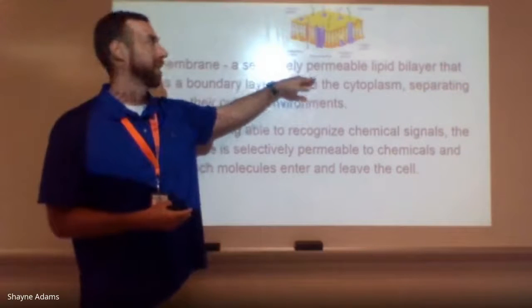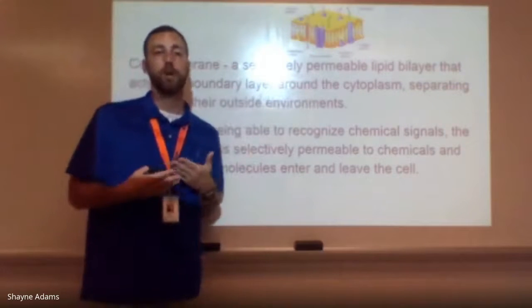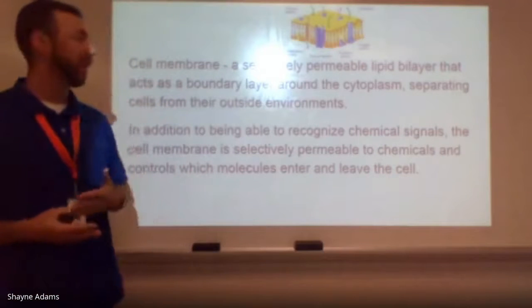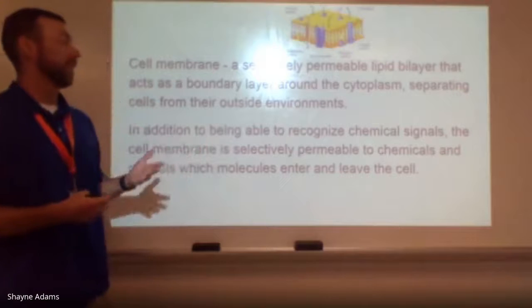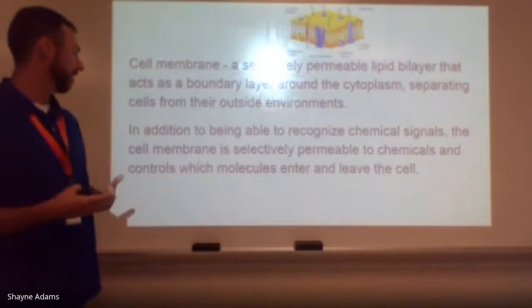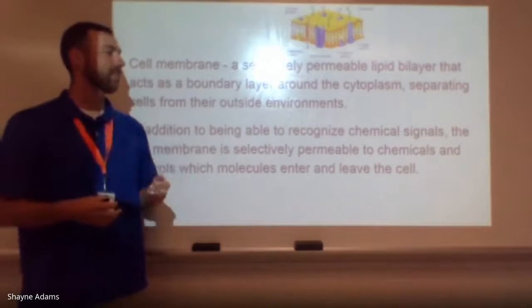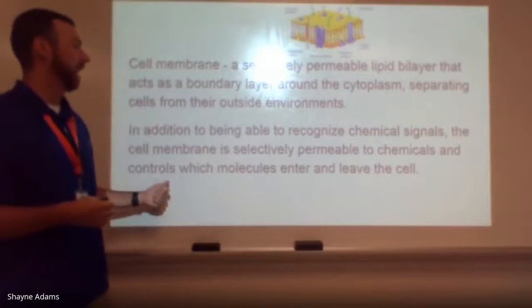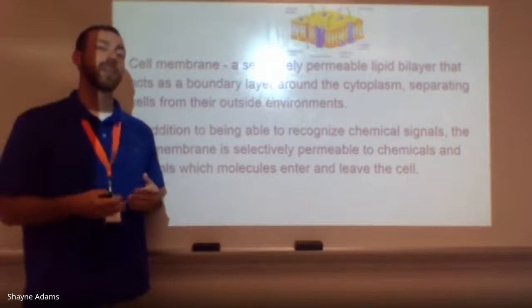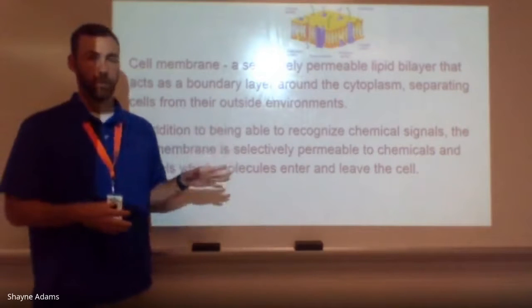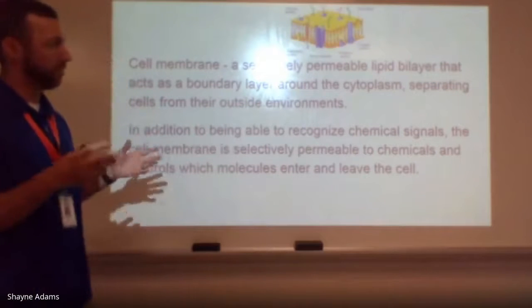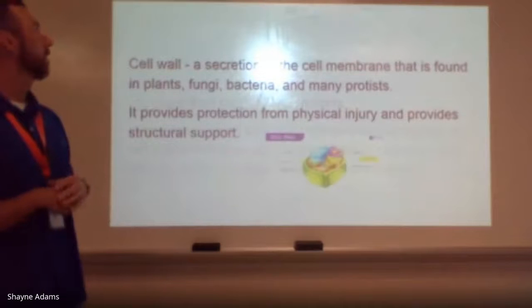Selectively permeable means that it's going to allow some things to go through and other things to not go through. So in addition to being able to recognize chemical signals, the cell membrane is selectively permeable to chemicals and controls which molecules enter and leave the cell. Cell membrane is extremely important in the life cycle of the cell.